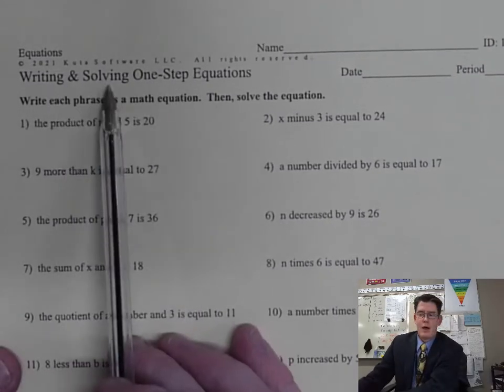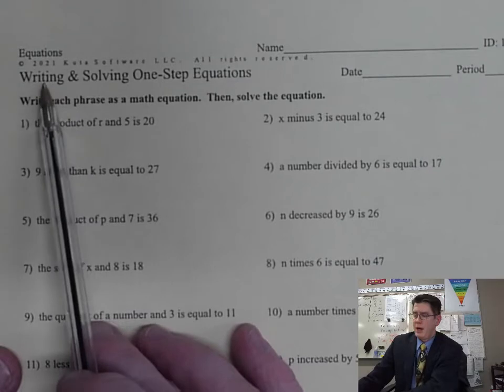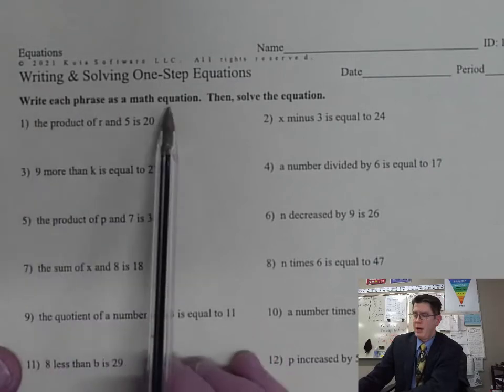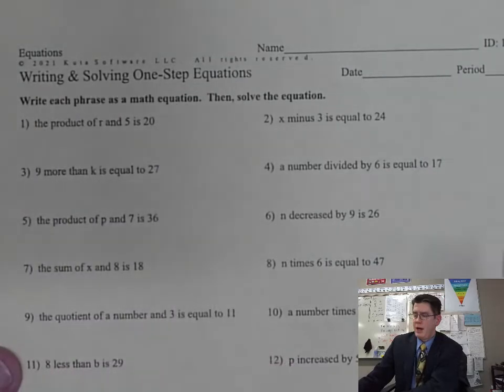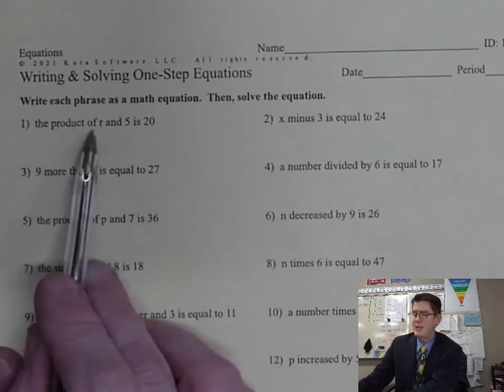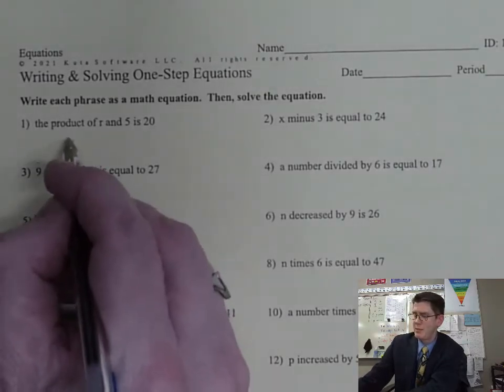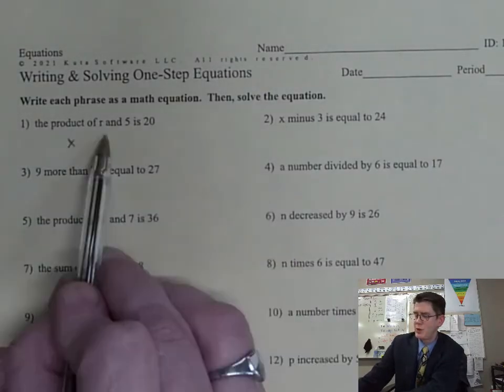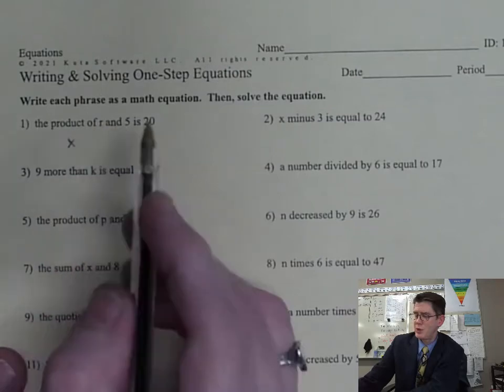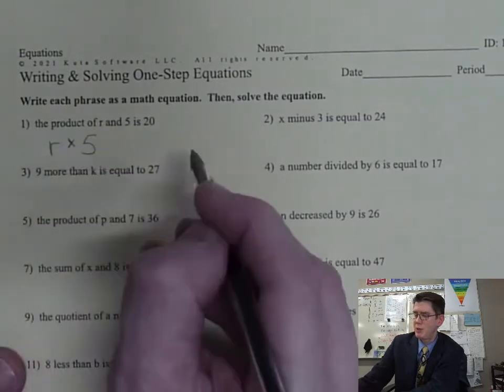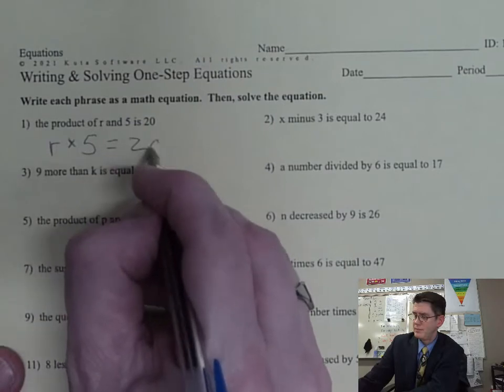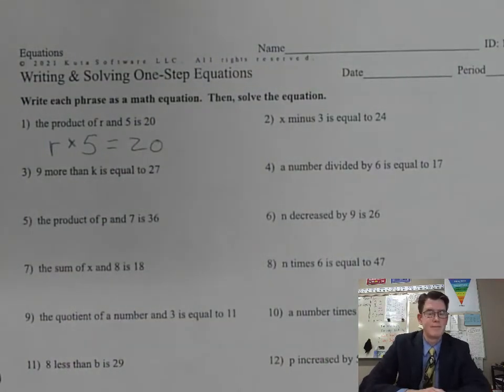Writing and solving. So last couple days. Write the phrase as an equation and then solve it. For example, on this one, the product, so that means we're going to multiply r and 5, and that is 20. There we go.